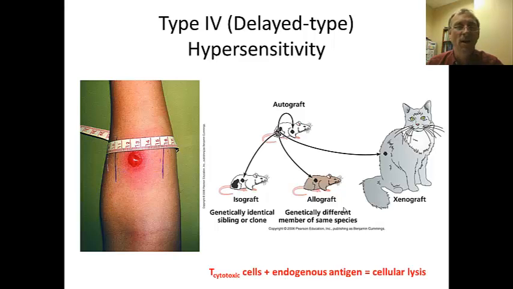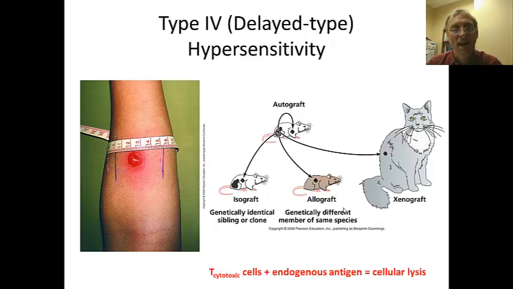Yet in this case as well, this type 4 delayed type hypersensitivity, the positive reaction that we see in this TB test only occurs if the patient is producing T cytotoxic cells. Those cells are only produced if the patient has previously, before this TB test, become sensitized or exposed to tuberculosis antigens.